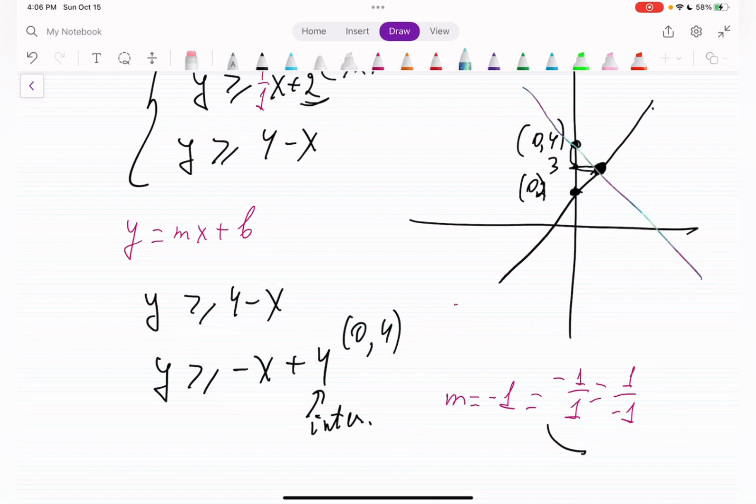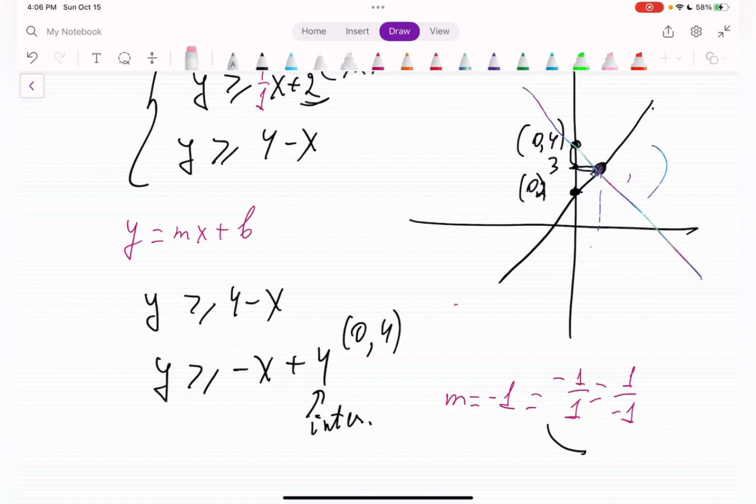This will be my second graph. And this point, 1 and 3, is going to be my answer as a system of equations. But I forgot that we have inequalities. Okay, let me clean. So we have inequalities.